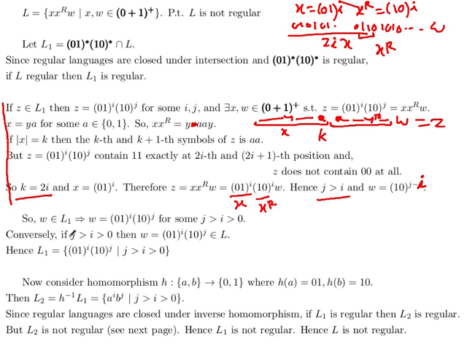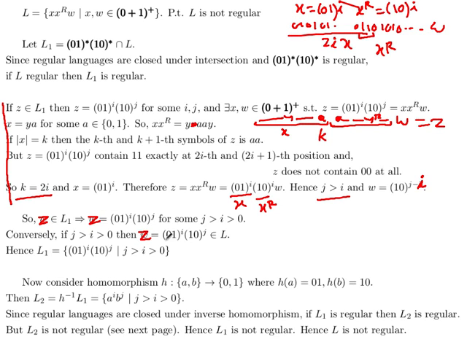So if you take any j greater than i greater than 0, then this z, sorry, I should have written z here because I'm using w elsewhere. So if z belongs to this thing, then z is of this form, and then it belongs to this.